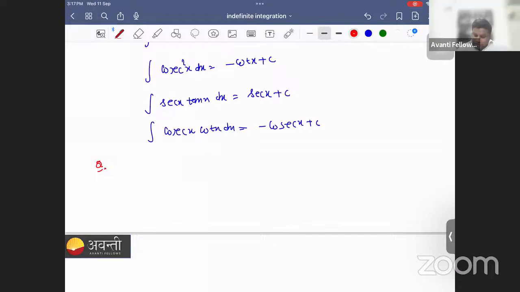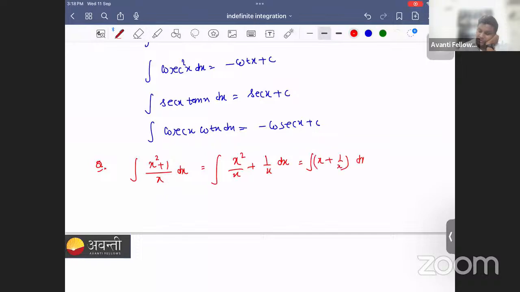Say you are trying to find this very simple question, integration of x square plus 1 upon x dx. So what do I do? X square upon x plus 1 by x dx. I split the denominator. So it became x plus 1 by x dx.